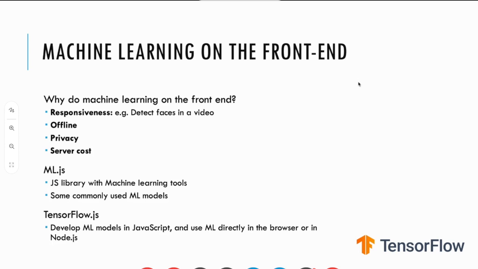And then there's this big one, TensorFlow.js. If some of you have worked with machine learning, you would be aware of Google's library TensorFlow, which allows you to build neural networks and train your machine learning models. But the same TensorFlow library is also available thanks to WebAssembly as TensorFlow.js. So now you can develop your machine learning models in JavaScript and use machine learning directly in your web browser.